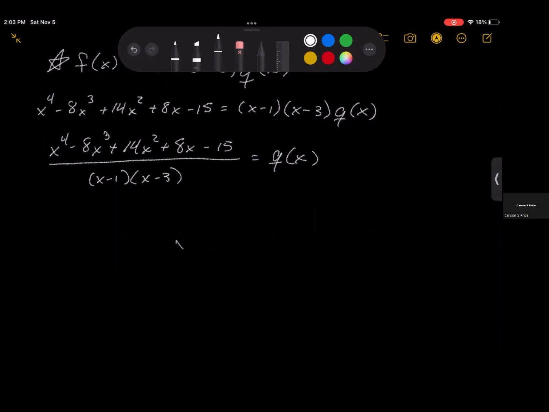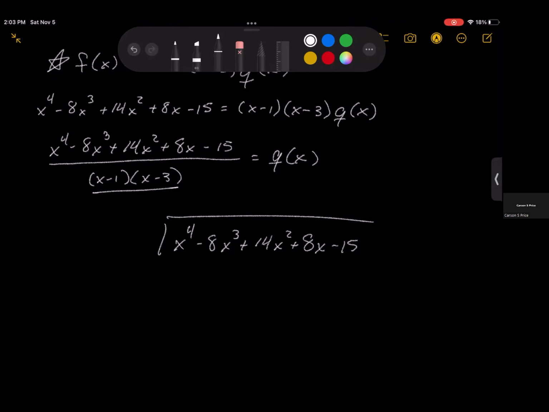Let's take x to the fourth minus 8x cubed plus 14x squared plus 8x minus 15. And let's divide into that x minus 1 times x minus 3.